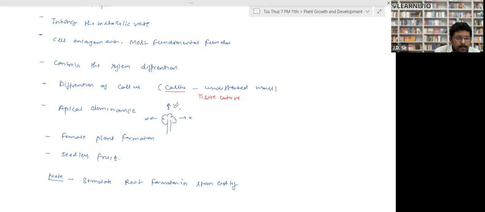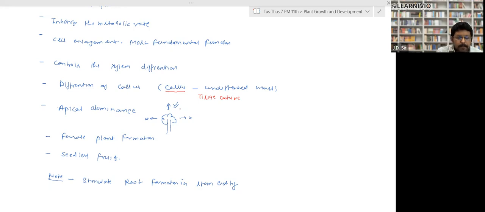Next point: it is responsible for formation of female plants. Means if you spray auxin, more and more ovaries will be produced.